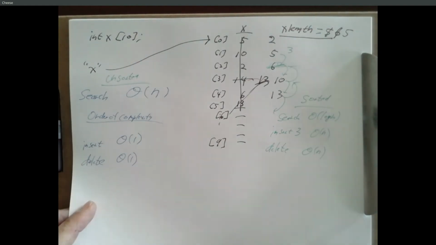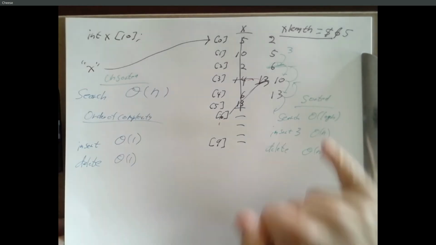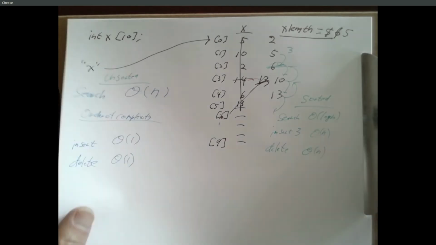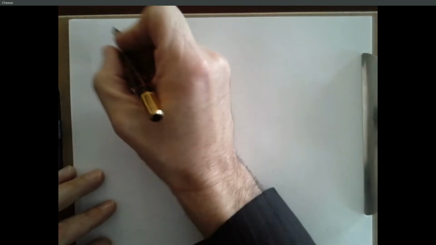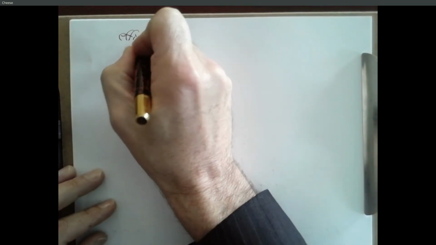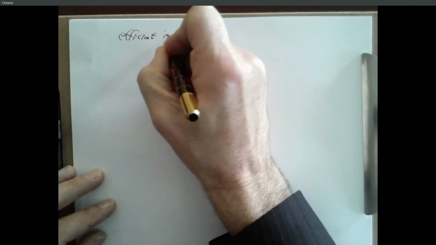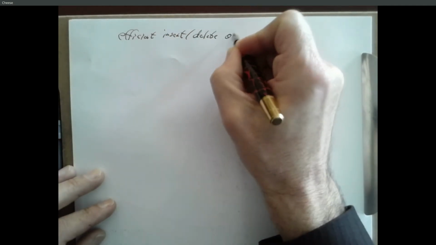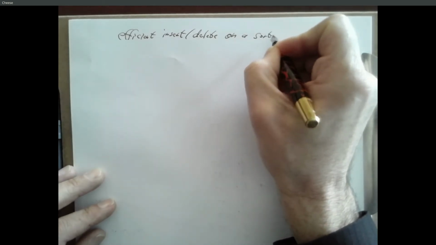But 3 or 4 weeks from now, we'll address that and bring the search time down to log n again. But right now, we're just thinking about insert and delete. The question is, how do we insert or delete to or from an array in order 1, but still keep the thing sorted? So: efficient insert and delete on a sorted array.